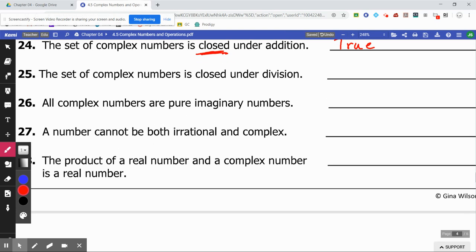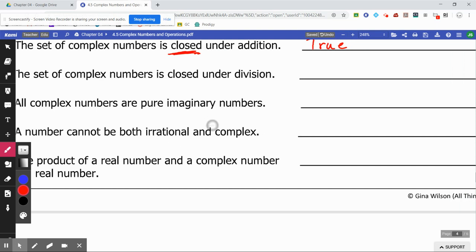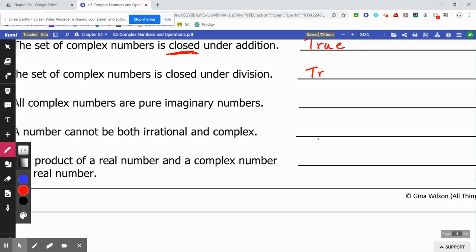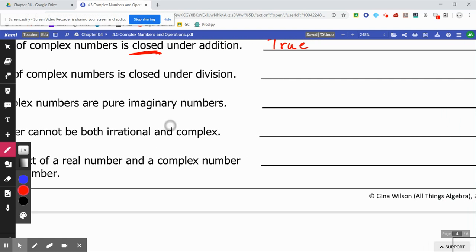The set of complex numbers is closed under division. And again, complex numbers involves every number. So if you divide two numbers, you're going to get, well, let's be careful here. Will you always get another number? Let's think about this. 0 is a complex number because all numbers are complex.